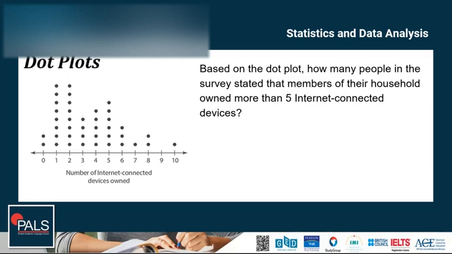So, count the number of dots for responses 6, 7, 8, 9, 10 internet-connected devices, because the question says how many people in the survey stated that members of their household own more than 5 internet-connected devices.